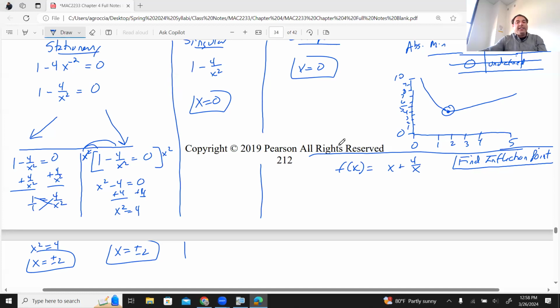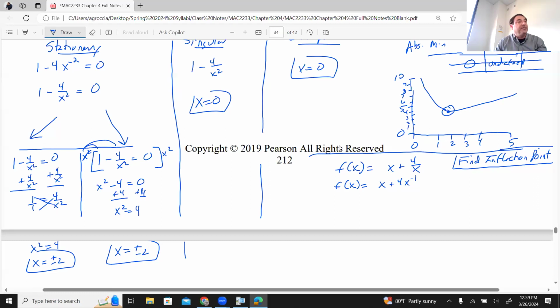So we're going to find the inflection point. The very first thing I would do is rewrite it just like we did before, x plus 4x to the -1. That's going to help me take the derivative. But let me hold off a second. Look at the graph. This is the graph. Where does it change from concave up to concave down? It doesn't. The entire thing is a happy face.